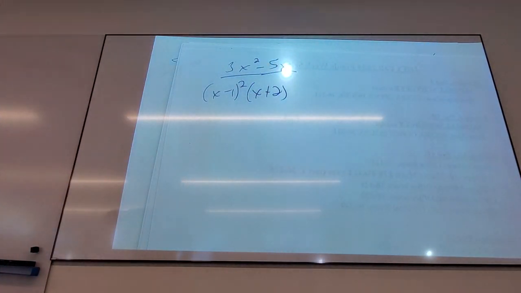How do I set up? Take a moment. Pray to whoever you want to pray to. And then write the form of the answer. If you don't know what I mean, that's bad, because that's the first step in partial fraction decomposition. Can you write the form of the answer?